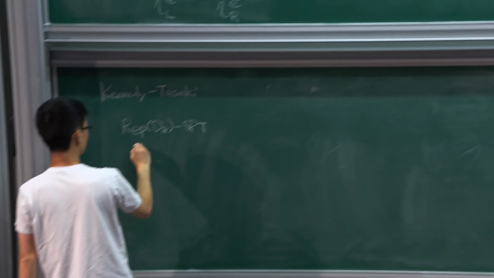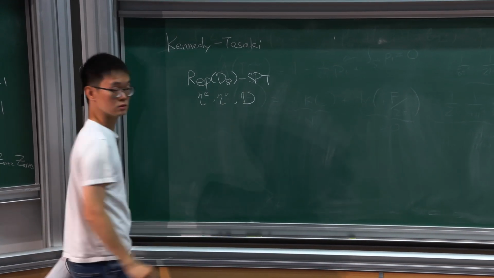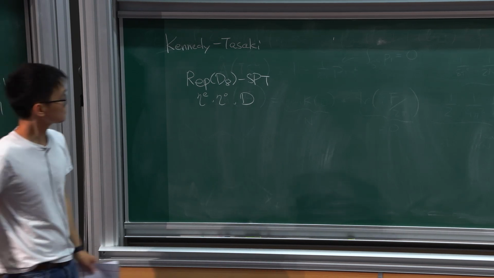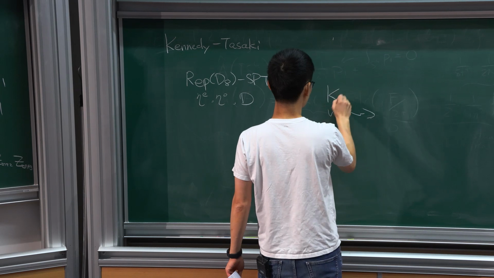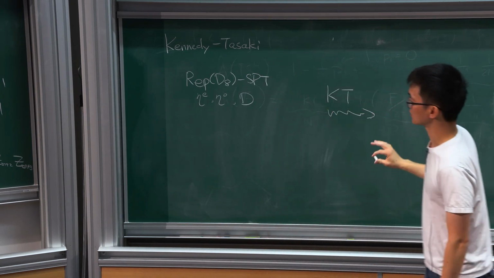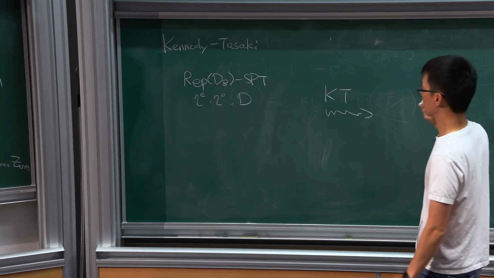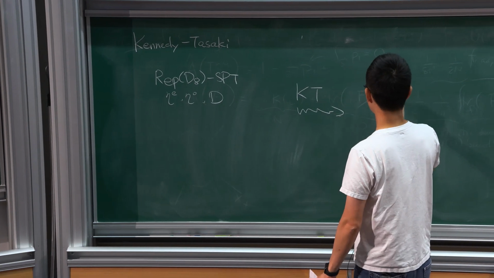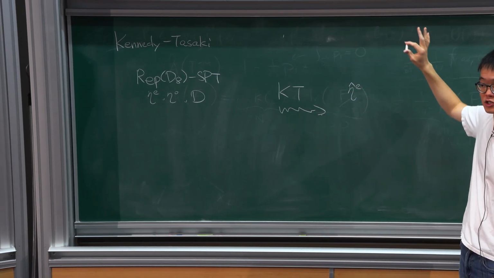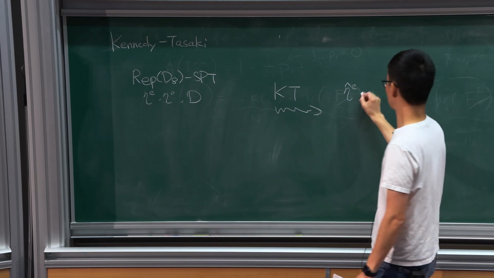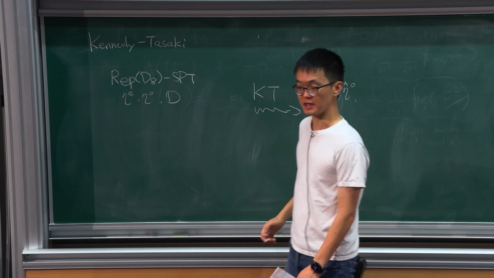So that means we not only have eta even, eta odd, we also have this D. And we'd like to do the Kennedy-Tasaki transformation to map it to something on the right-hand side. But under this map, we will have eta hat even, which is just a product of all the X hat j on the even side, eta hat odd. But what happens to D?